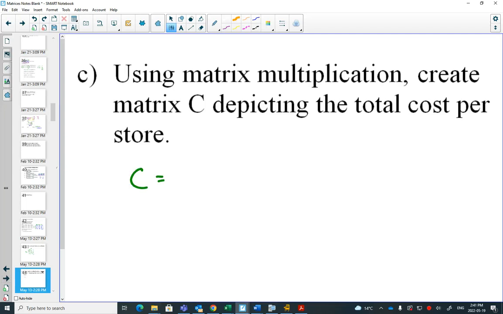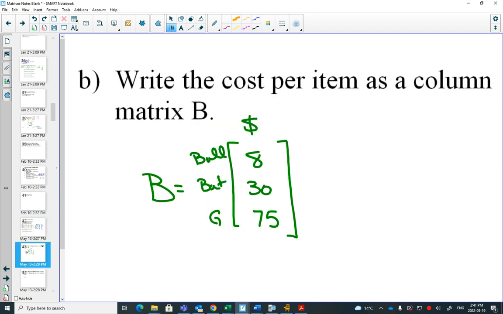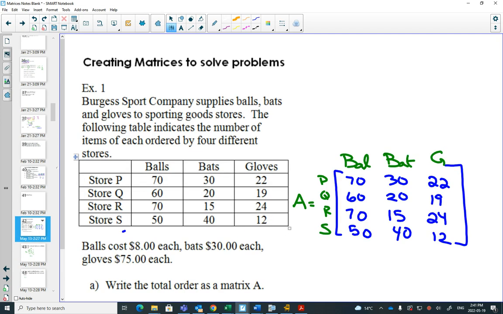Now, C is going to equal either A times B or B times A. But the only way it makes sense, because if we put the dimensions, B has 3 rows, 1 column. Matrix A was a 4 by 3, thank you, 4 stores.